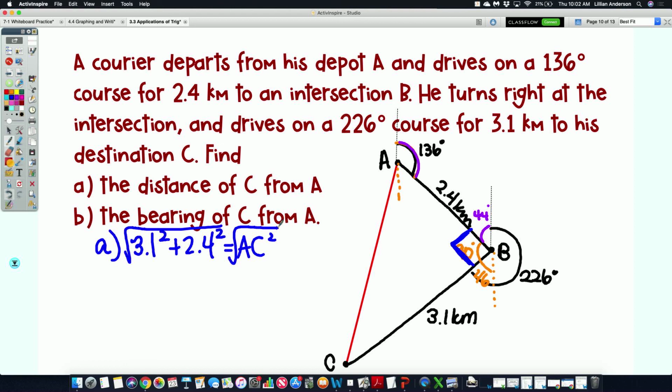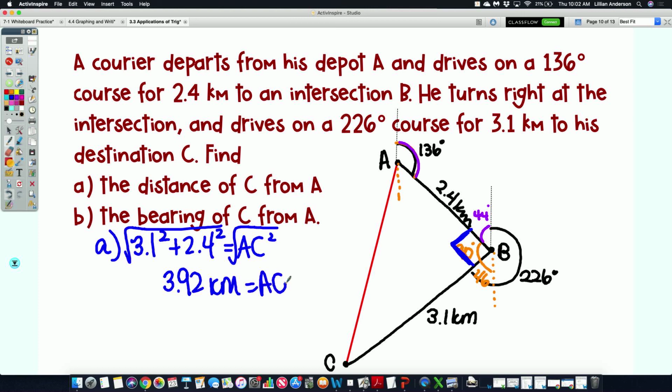Anybody get AC? 3.92? 3.92 kilometers is AC, the distance of C from A.